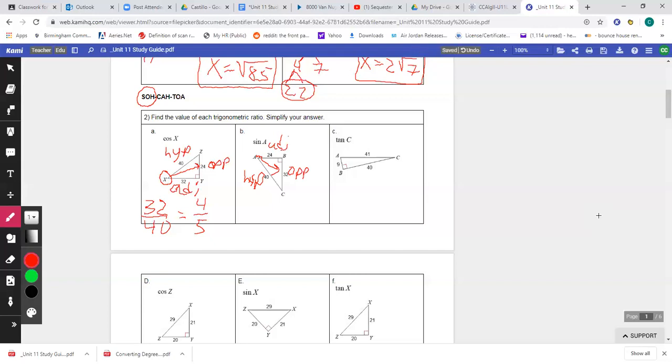So sine is opposite over hypotenuse. So once again, we have 32 over 40, and that simplifies to 4/5.